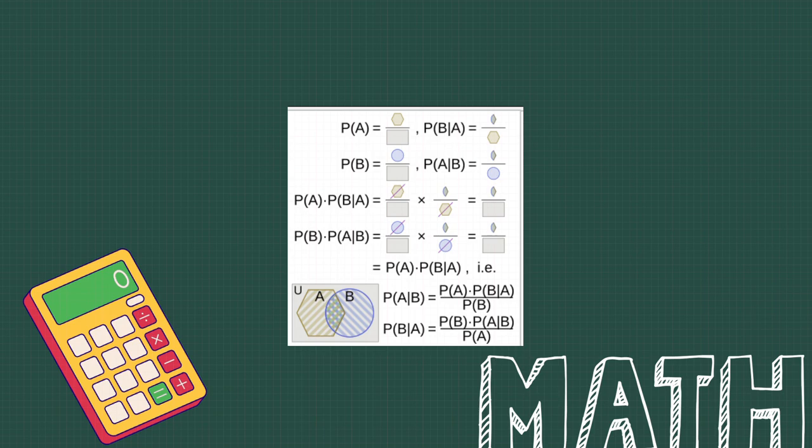We need to find out the probability of A given B. It's like the probability of choosing Mars based on hints, and we get the formula: the probability of A multiplied by the probability of B being true given A, divided by the probability of B. So this is how we calculate Bayes theorem, and it is very simple.